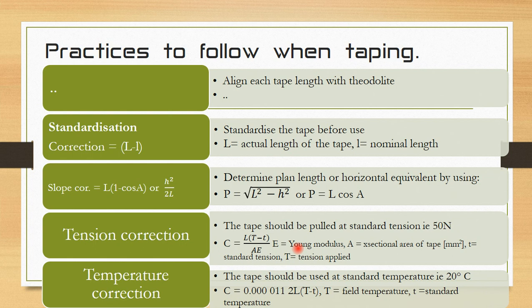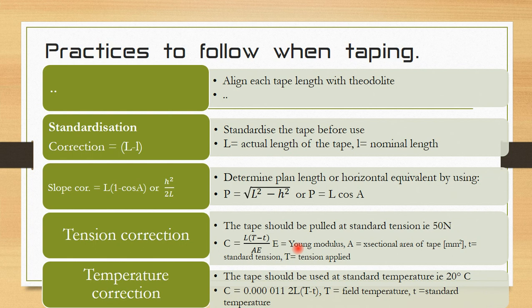If you pull the tape beyond the standard tension, then that has to be corrected as well. The standard tension normally is 50 newtons, so you pull the tape at 50 newtons, and in that way, that will be fine. But where you cannot pull the tape at that kind of tension, if the tension is higher than that, then you do the correction.